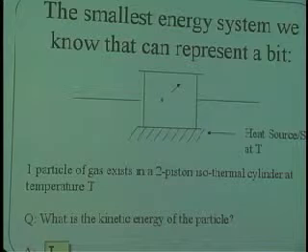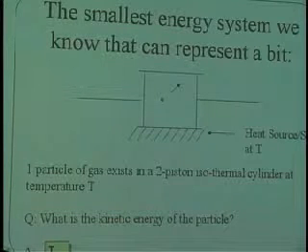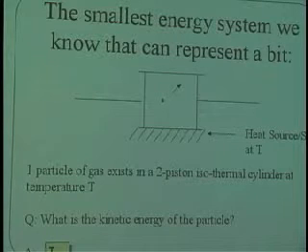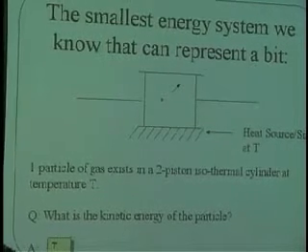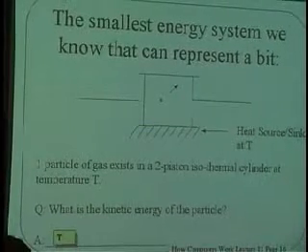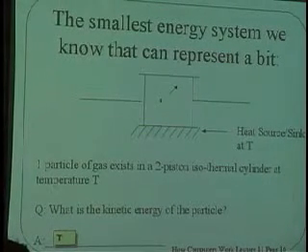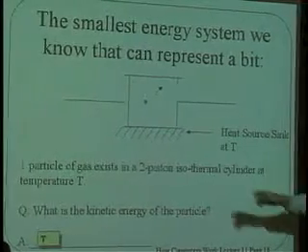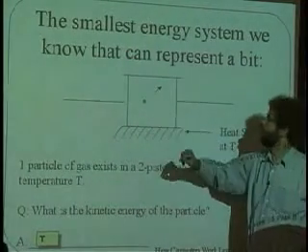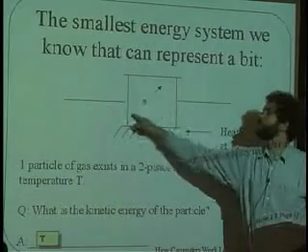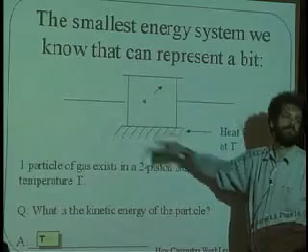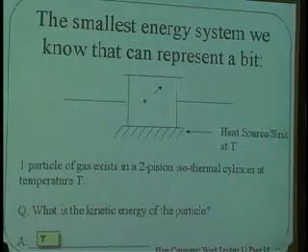Okay, so let's take a look at the smallest amount of energy it could take to represent a bit. And it turns out that if you study physics, you find out that the simplest information system there is is a particle of gas bouncing around between two ends of a box. So here's the particle of gas, and we have two pistons, one on each side of a cylinder, and it's bouncing around in here. It's only one particle.